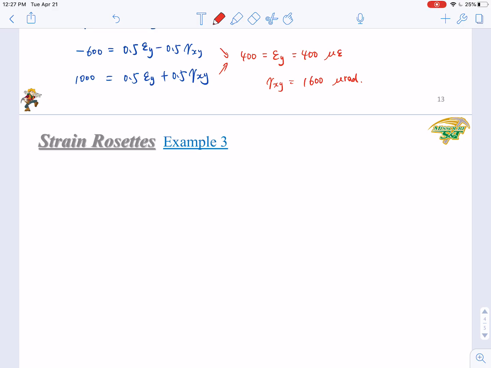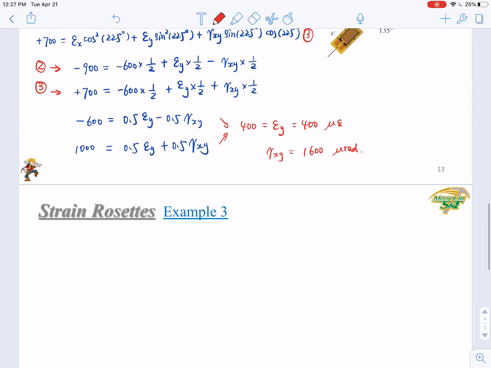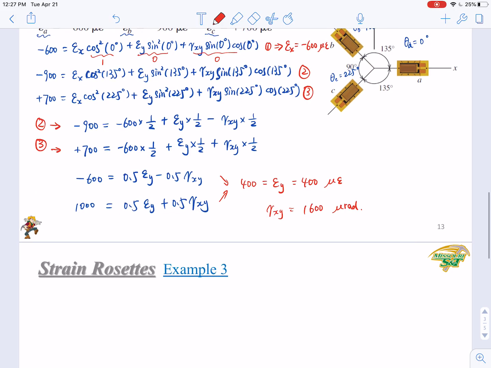We have epsilon x is negative 600, epsilon y 400, gamma xy 1600 microradian.